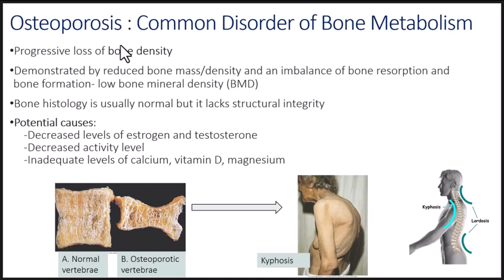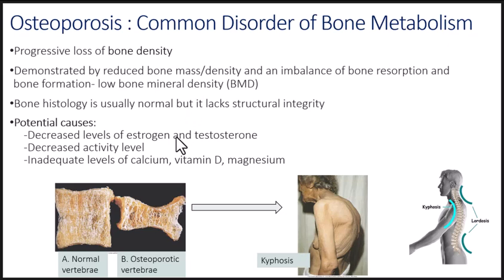Osteoporosis means porous bone. So if we look at this term here, osteo means bone, then we have osis is condition, and then the pore part is referring to porous. So porous bone, and it's generally described as a decrease in bone mineral density. So progressive loss of bone density.